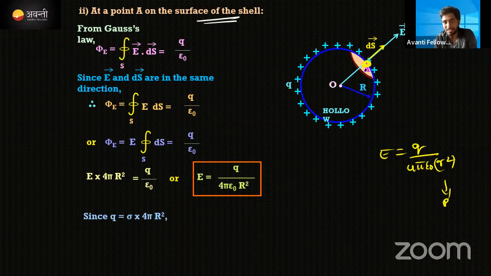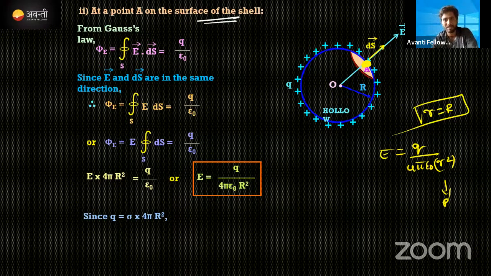Now I am considering the point P on the sphere, so this r value is equal to the radius of the sphere. That is why the electric field intensity on the surface of the shell is Q divided by 4 pi epsilon naught into R square. In place of small r square, you have to write capital R square, because the distance from the surface to the center of the shell is only R.